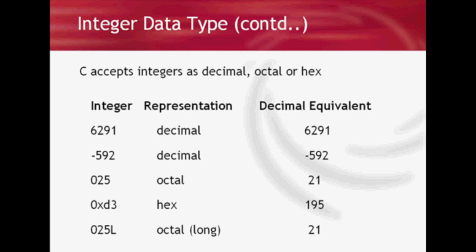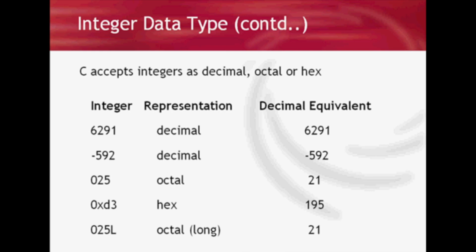Integer, the representation and its decimal equivalent. For example, the integer 6291 is a pure decimal representation and its decimal equivalent is the same. Similarly, a negative number minus 592, in decimal its equivalent is also the same. Whereas any number that is prefixed with a 0 is an octal representation.